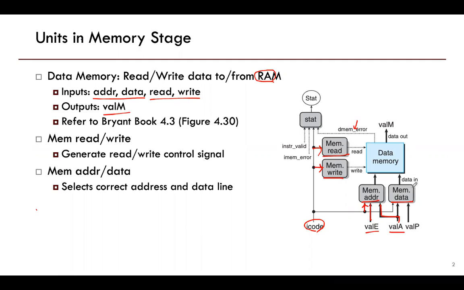Then for the data line, we have two possible sources: valA or valP. valA is from the register file, and valP is computed in the fetch unit, not from the machine code. valP is one of the candidates of the next PC value.